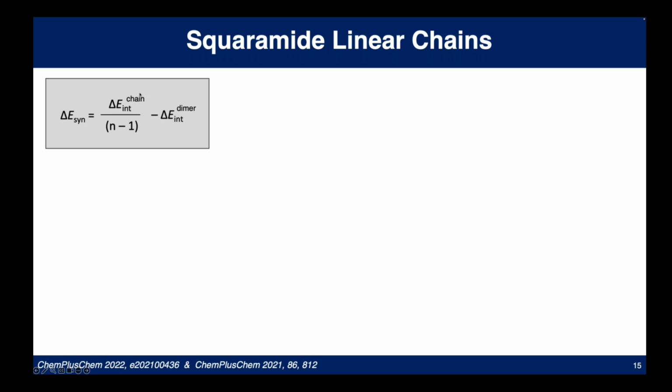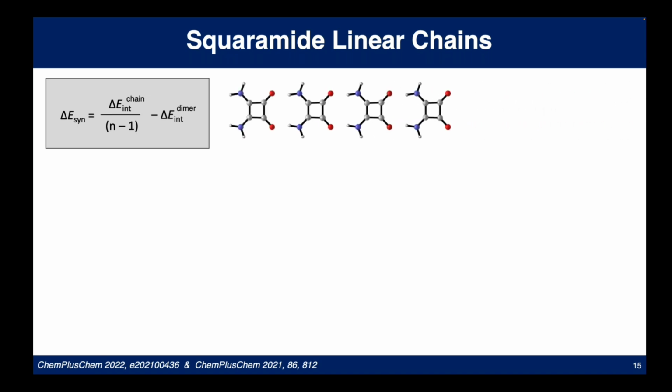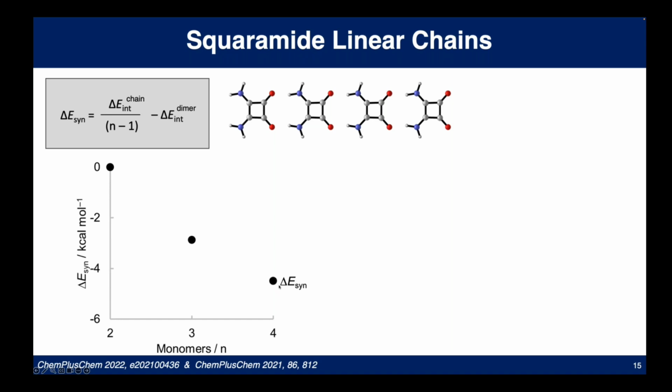If there's a lot of synergy, this term should be much larger than the interaction energy of the dimer. What we see, if we gradually increase the chain, is that the synergy becomes stronger with the number of monomers. So a chain of 4 has a much larger synergy than a chain of 3.